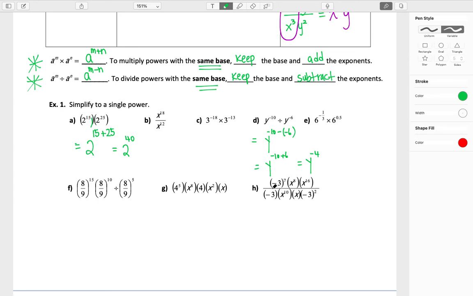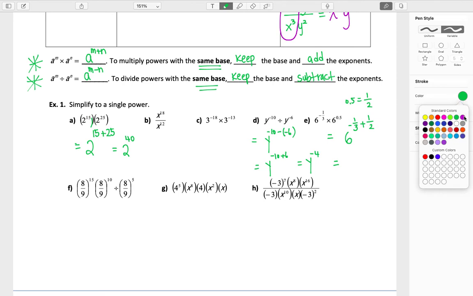When you have a fraction, I would just punch it in the calculator or change the decimal into a fraction. So 0.5 actually means 1 over 2. Same thing, the base stays the same, and when you're multiplying, you add the exponents. So negative 1 over 3 plus 1 over 2. The best thing is that the calculator is able to do this.